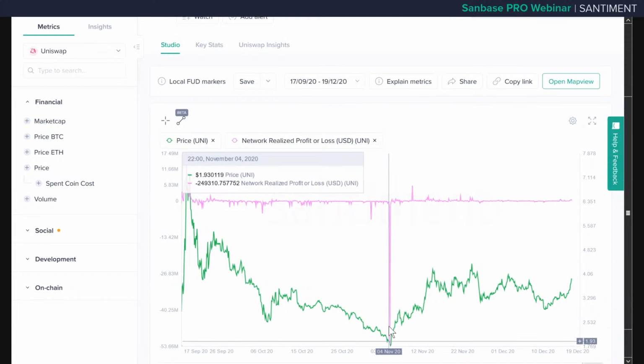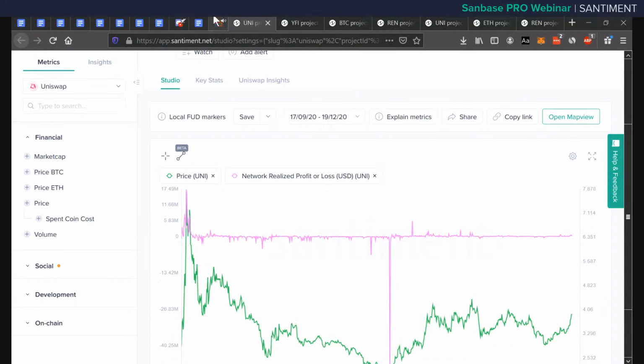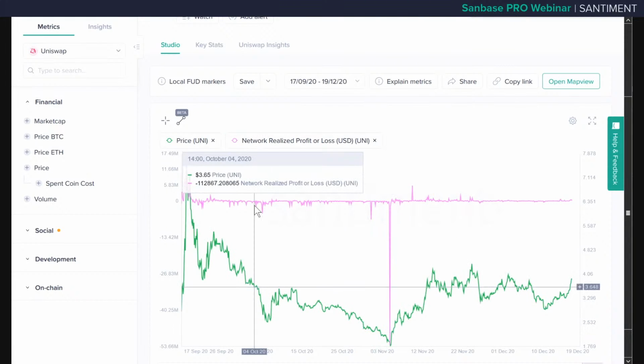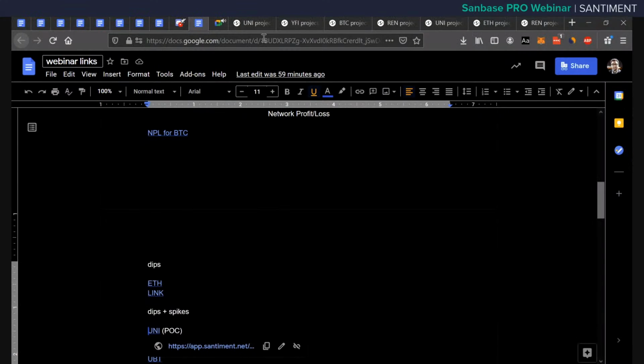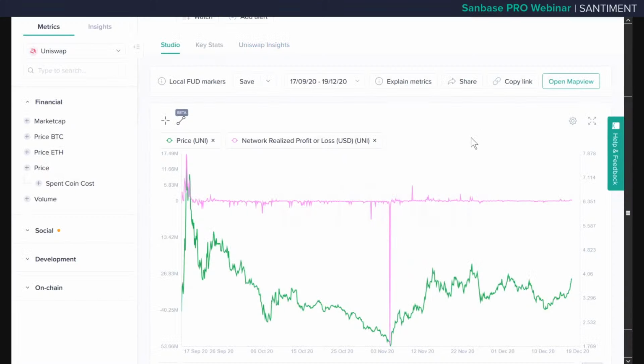This was such a substantial decline in Uniswap's network profit loss, coinciding with an almost immediate breakout, that it's at least interesting to note, right? And we've seen similar dips into negative territory during local bottoms here, here, even here before this slight correction.